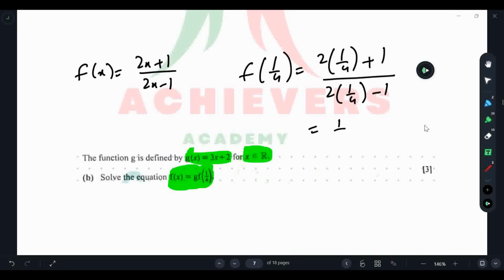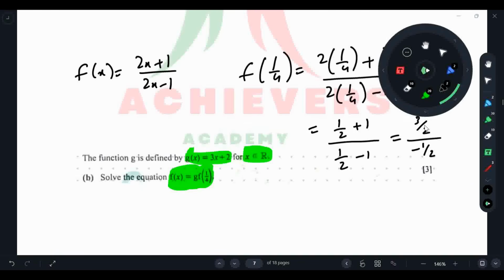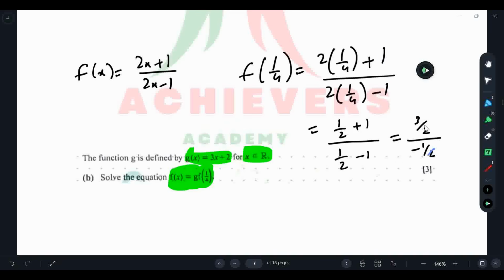So this will be 1 by 2 plus 1 divided by 1 by 2 minus 1. This will be equal to 3 by 2 divided by minus 1 by 2. Now we can cancel out these two, so f of 1 by 4 will be equal to minus 3.